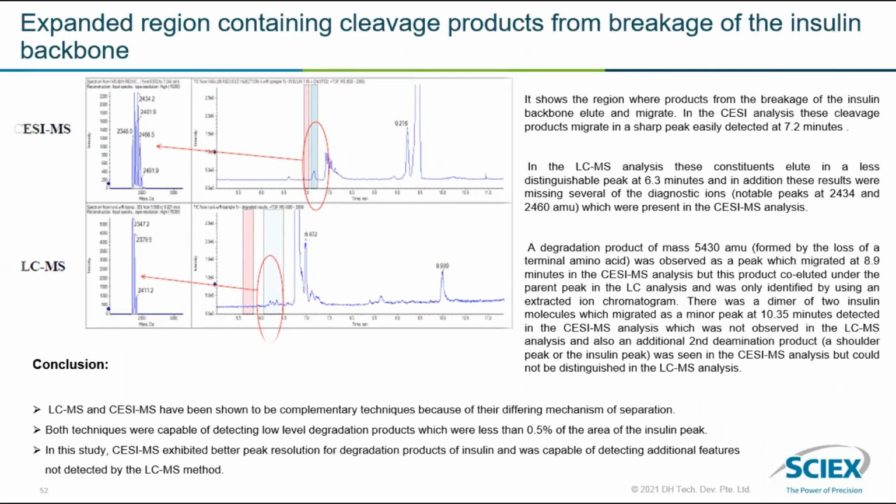So what we achieved here is that the impurity the sample contains is less than 0.5%. In this study CESI-MS exhibited better peak resolution for the degradation products of insulin and was capable of detecting additional features which were not detected by the LCMS method. So basically, you will be able to get more resolved peaks for the degradation studies done for this insulin.